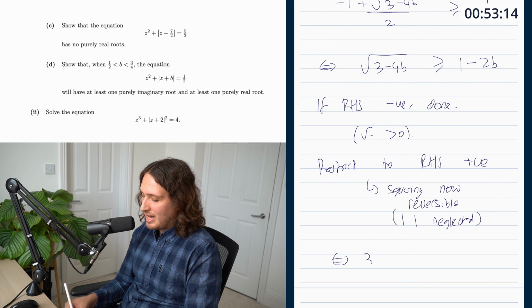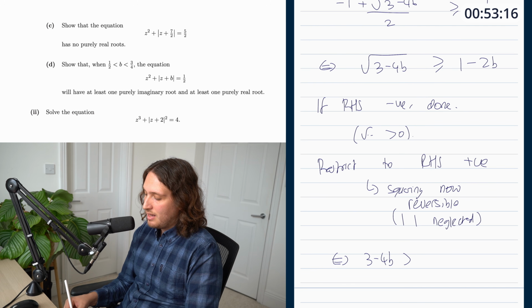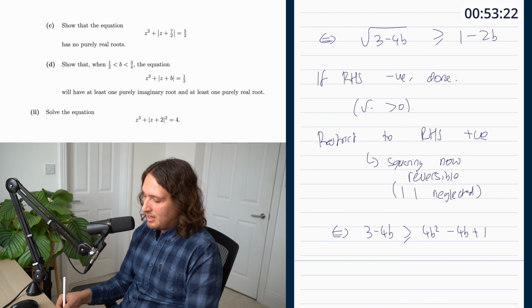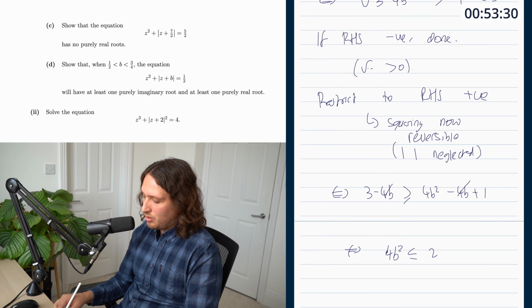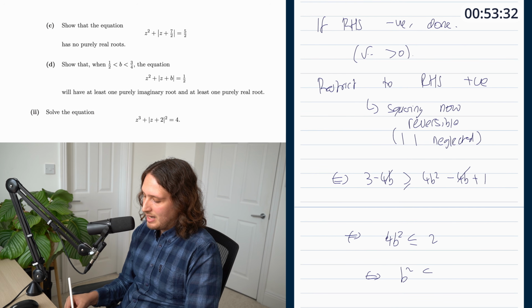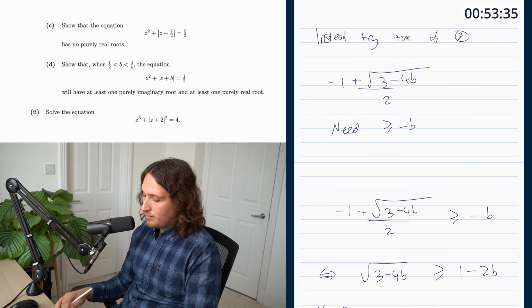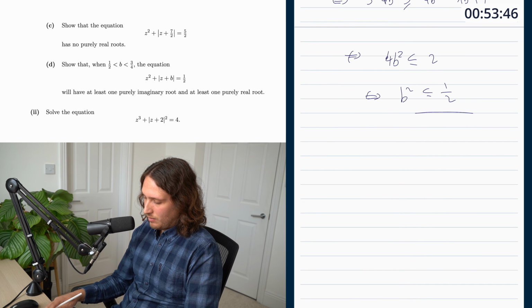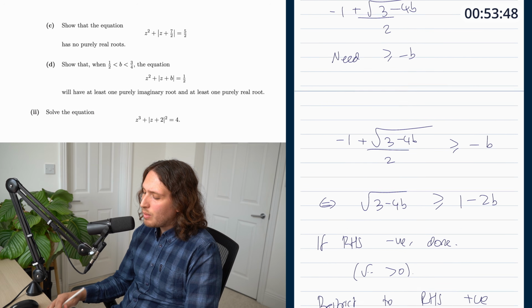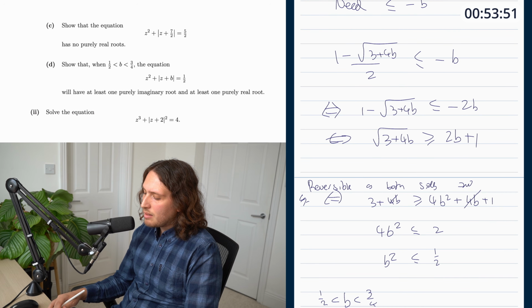Then I can square to see that's equivalent to 3 minus 4b at least 4b squared minus 4b plus 1. They cancel. That's equivalent to 4b squared less than or equal to 2. So that's equivalent to b squared less than or equal to a half. That's the same as what we got before. So have I put my inequality the wrong way? I don't think we should have got the same.